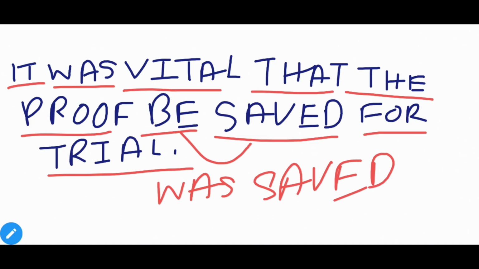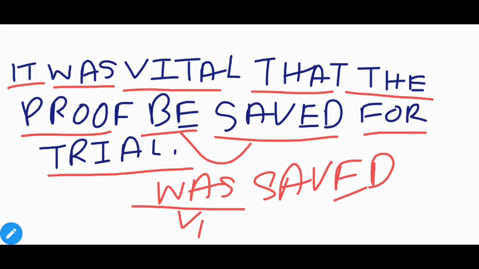So here we should use be, that is the base form of the word, that is V1, and that's why we should use be instead of was, and then as it is saved, and then for trial. That's why we write in subjunctive mode, be saved instead of was saved. It was vital that the proof be saved for trial.